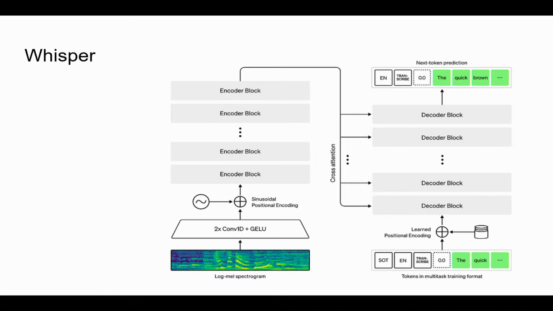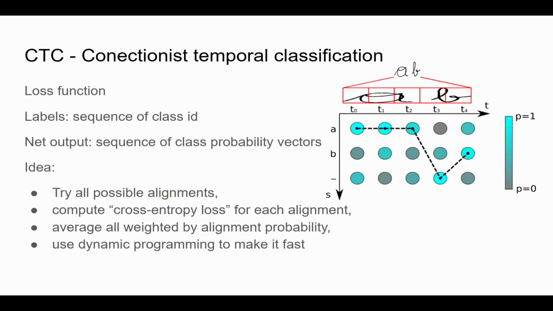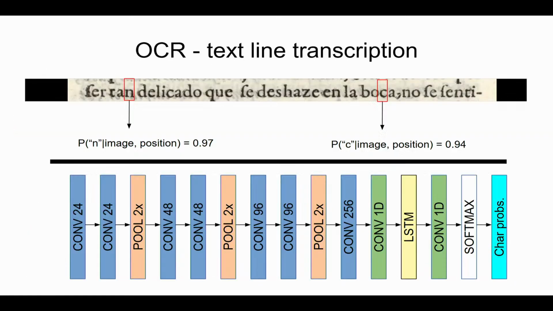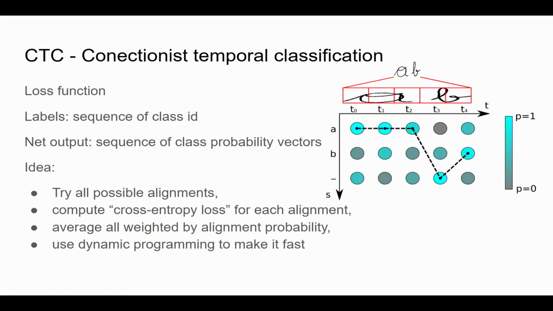So if you know Whisper and you switch the audio input for images of handwritten documents or other documents like these ones, that's how we do handwritten recognition, and it works really well. So that's the last few slides.